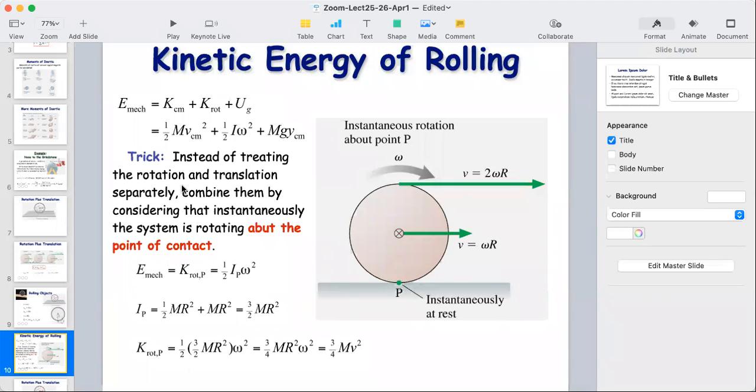So instead of treating the rotation and translation separately, we combine them by considering that instantaneously the system is like rotating about the point of contact. So the point of contact is instantaneously at rest, like it was the axis, like it was in pure rotation about the center of the axis.